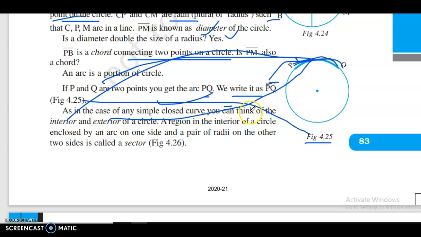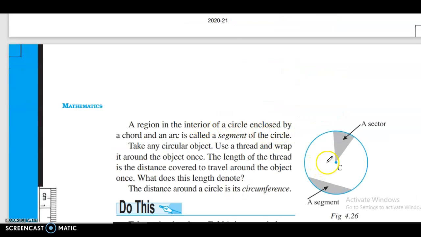A region in the interior of a circle enclosed by an arc on one side, and a pair of radii on the other two sides, is called a sector. This is the center. This is the sector inside of the circle.